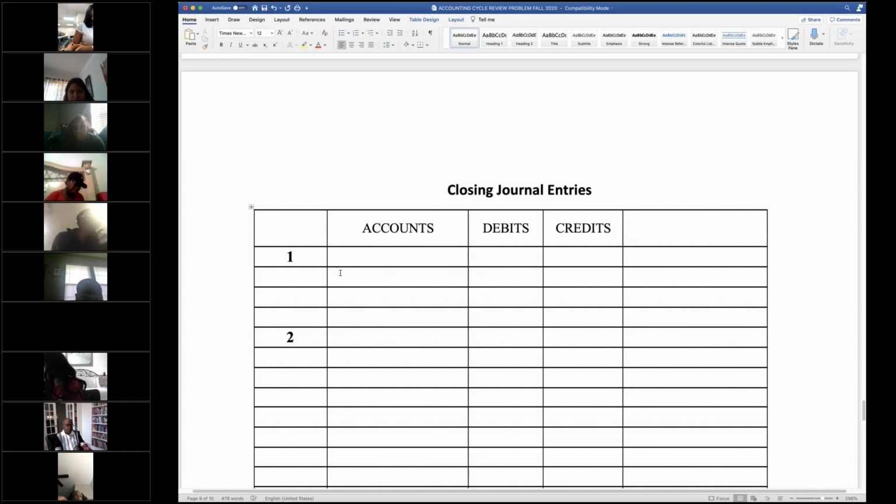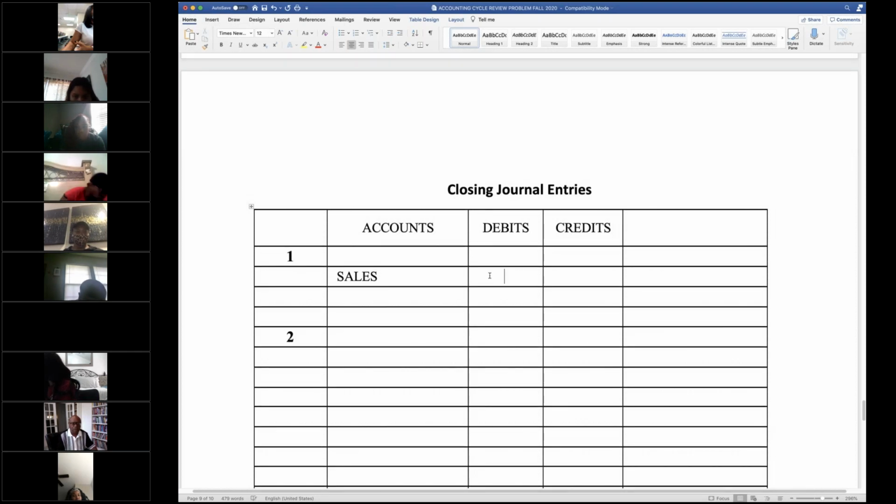I'm going to debit sales because I'm closing it, so I have to debit it. I'm going to debit sales for $80,000 because I'm trying to close it. And then I'm going to credit income summary for $80,000.